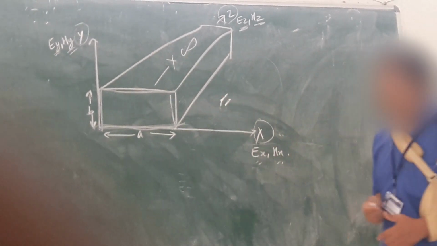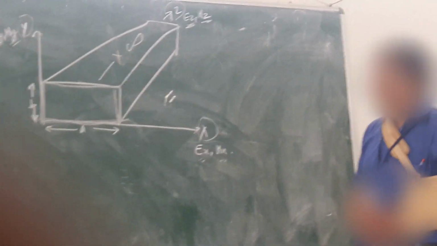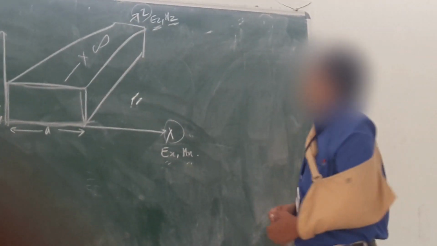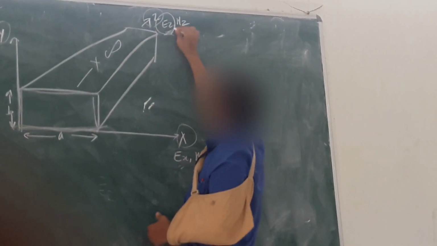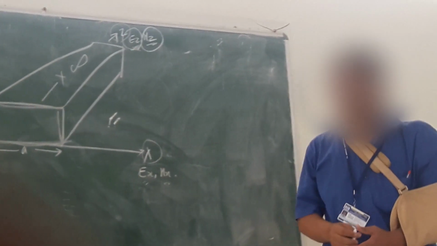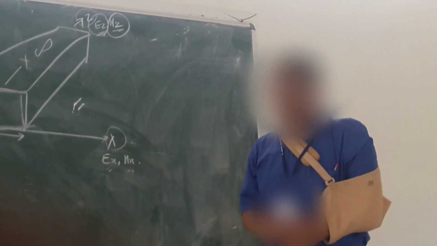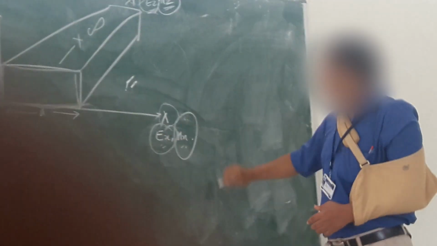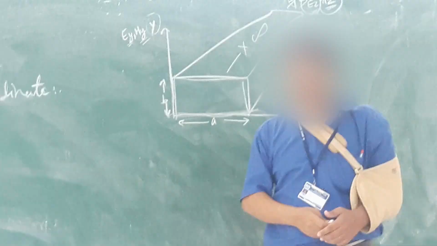Now we are going to find the solution of the wave equation. First of all, we will try to get the value of the Ez component and Hz component. If we know the values of the Ez and Hz components, from them we can calculate the Ex component, Hx component, Ey component and Hy component.